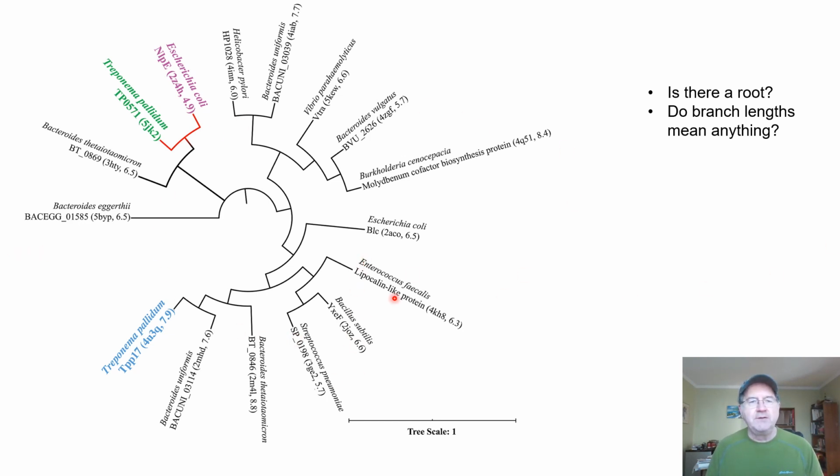People like to use these circular diagrams when you get a large number of OTUs. I put this one on because it's very simple, but you can imagine if there were 500, and I've seen some like that, then this is going to be very dense going around here, and they always become very difficult to interpret.